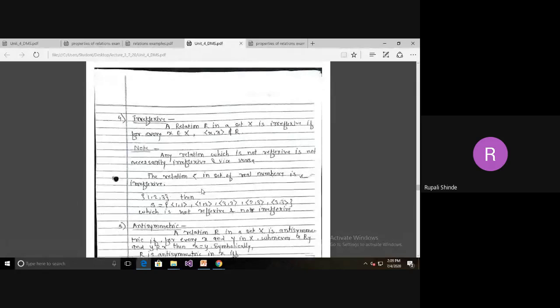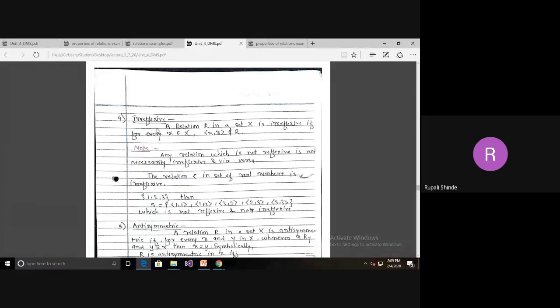Now next property is a irreflexive property. Now this property is exactly opposite to reflexive property. Irreflexive का म्हटलं? आपण reflexive साठी काय बघितलं? If for every order pair x comma x belongs to relation R, then only that relation is reflexive. Okay.